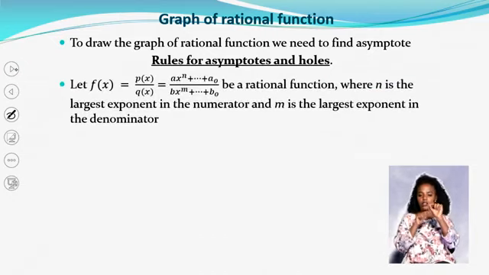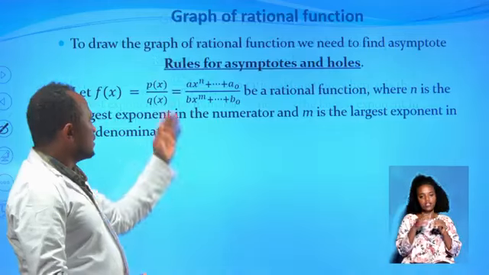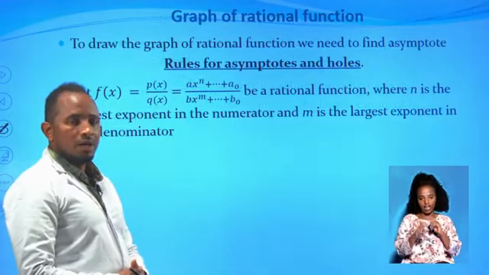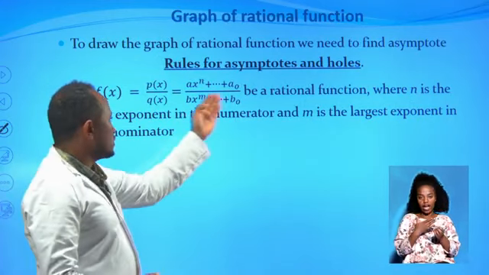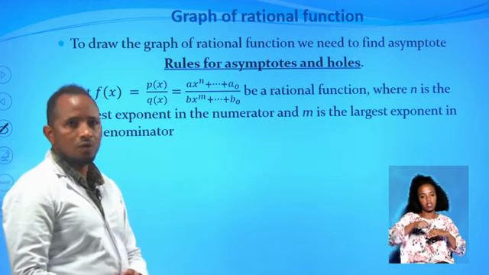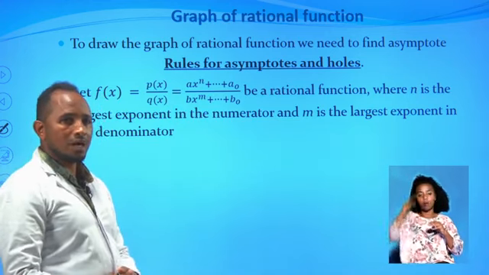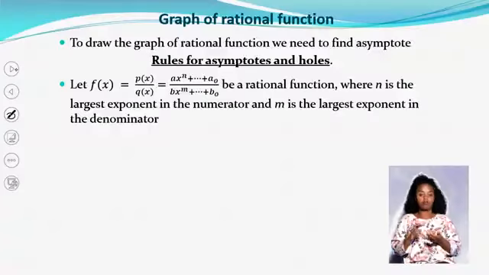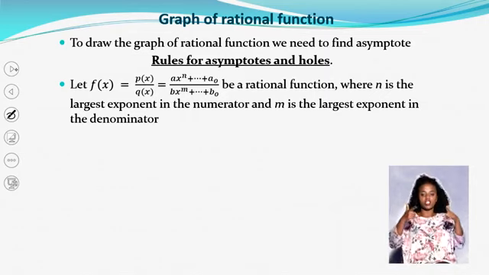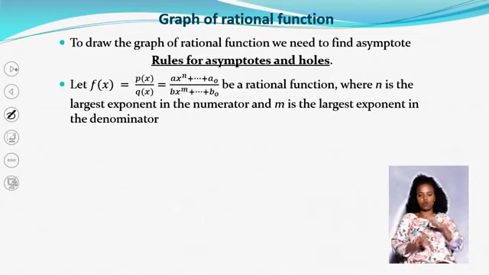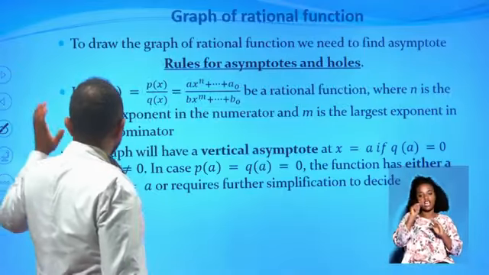Let f of x be p of x over q of x, where p of x is a x to the power of n plus up to a naught, and the denominator q of x is b x to the power of m plus up to b naught, be a rational function, where n is the degree of the numerator and m is the degree of the denominator.